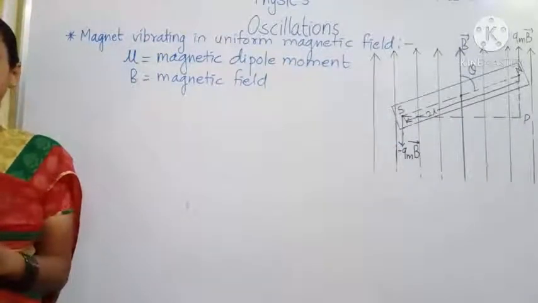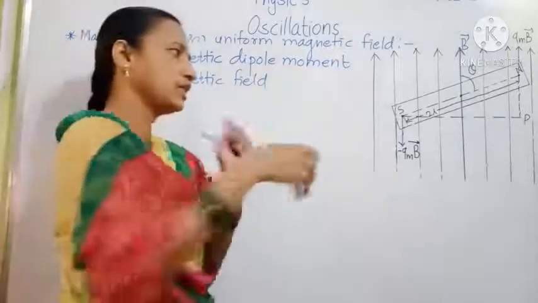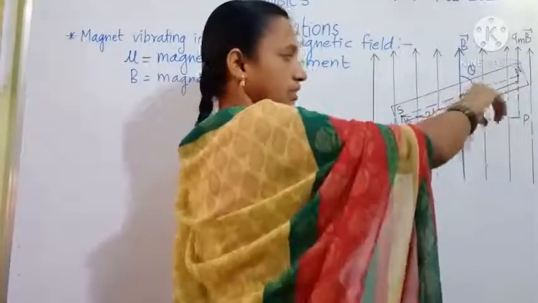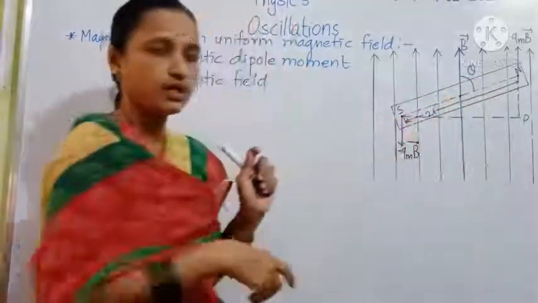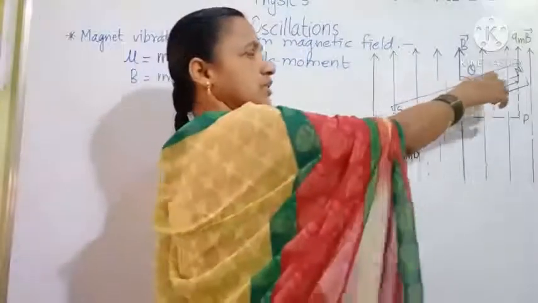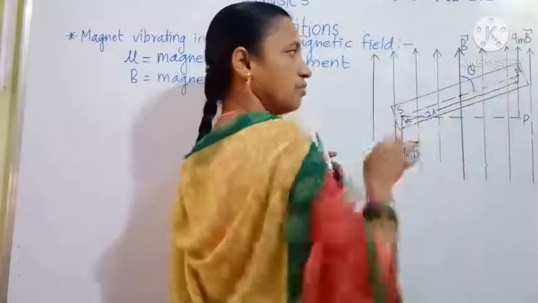In the deflected position, a restoring torque acts on the bar magnet. That is, when we twist this bar magnet, it comes back to the mean position. That is this torque, this restoring torque acting on this bar magnet.